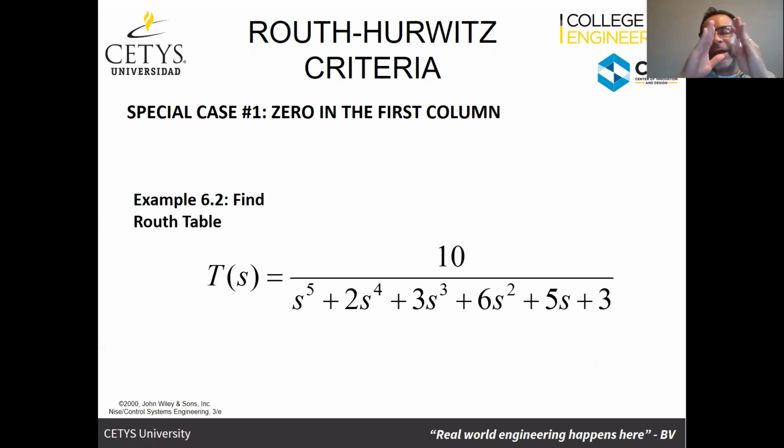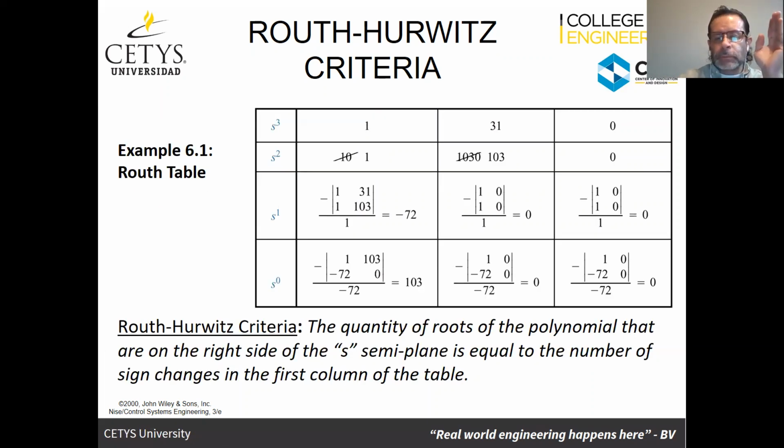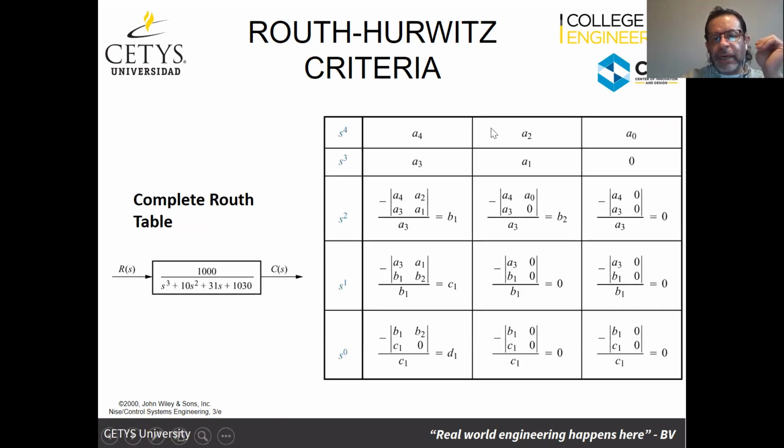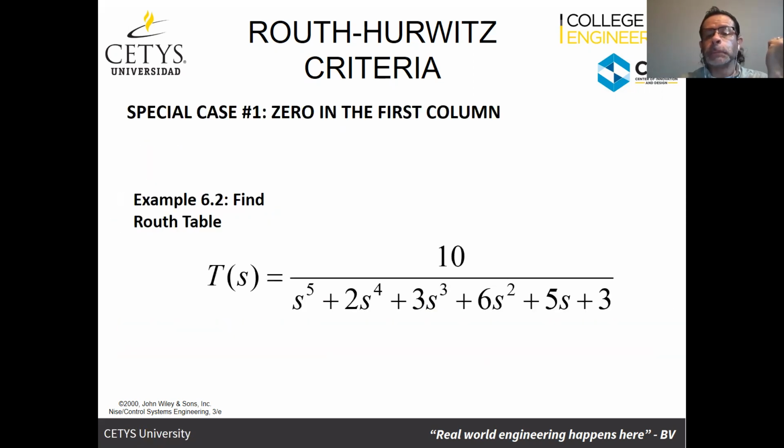This is important because if we have a 0 in any of the points of the first column, then we can't continue the tabulation, because remember that in each of the steps, we're dividing by the pivot. And the pivot is always going to be the lower value of the first column. So we're going to be dividing by 0, and that's going to invalidate the rest of the values. So we can't do the tabulation if we have a 0 in the first column.